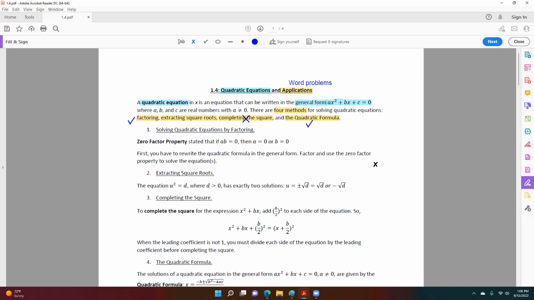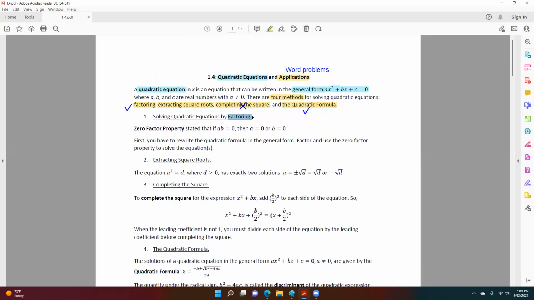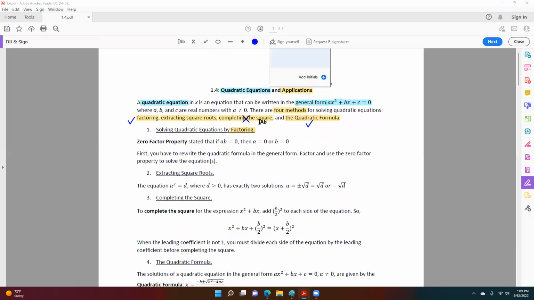Now, we do the first method. First is solve using factoring. In order to solve a quadratic equation using factoring, make sure that the quadratic equation can be factored. As you are aware, not all quadratic equations can be factored. If you cannot factor it, then please do not use this method.